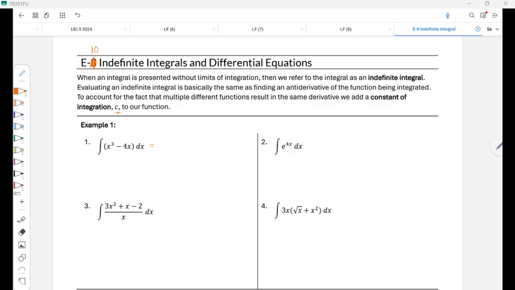So with all those words, here's what we do. If you have an integral without limits, you find an antiderivative, and you are 99% done. So following all the normal stuff we do, what's an antiderivative for x cubed? Yep, x to the 4th over 4 minus, and what's an antiderivative for 4x? 2x squared.